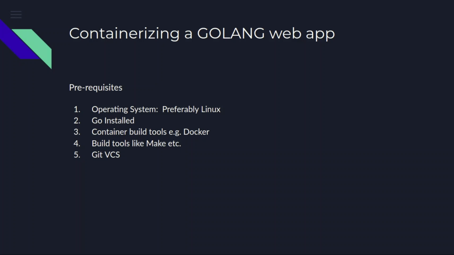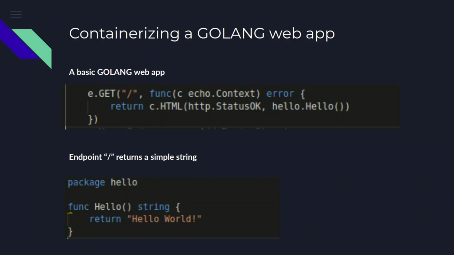So let's look at a short example of how you can containerize a Golang application. Prerequisites are preferably a Linux operating system, obviously Golang installed, container build tools like Docker, build tools like Maven, and Git version control system.